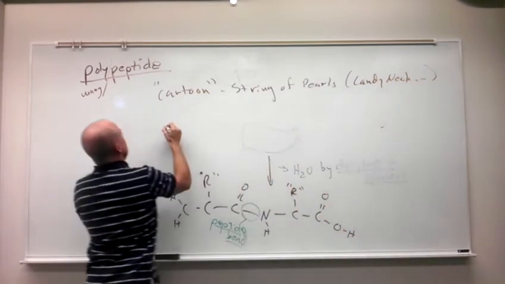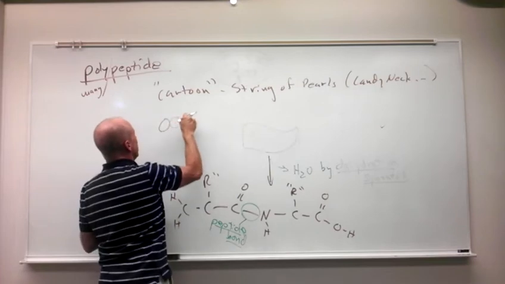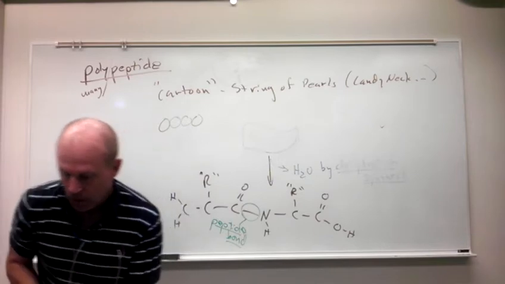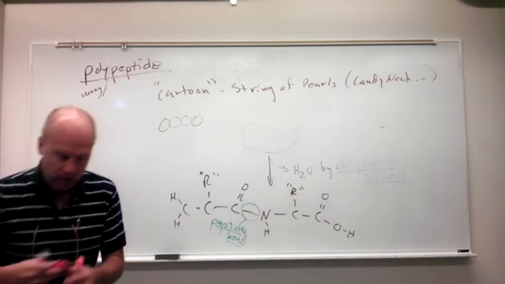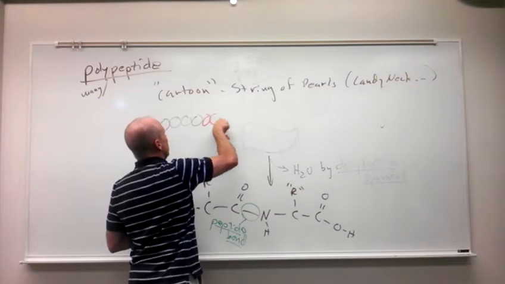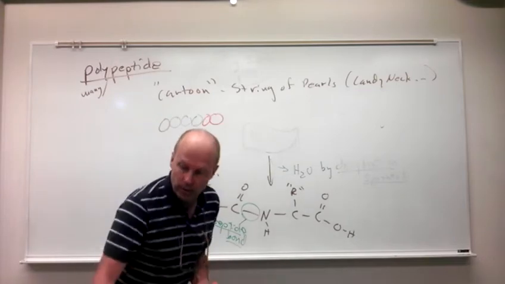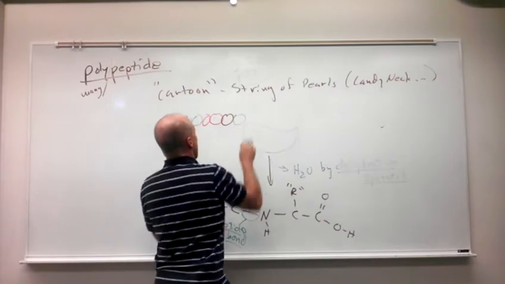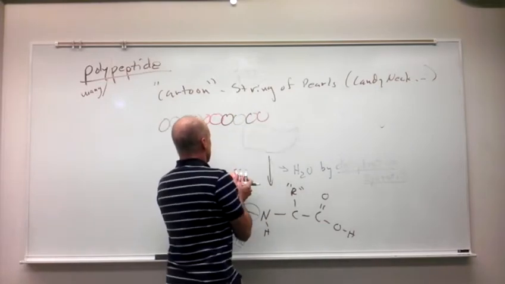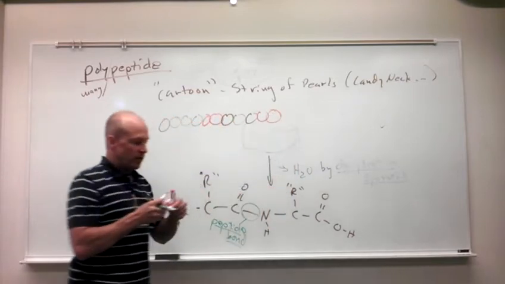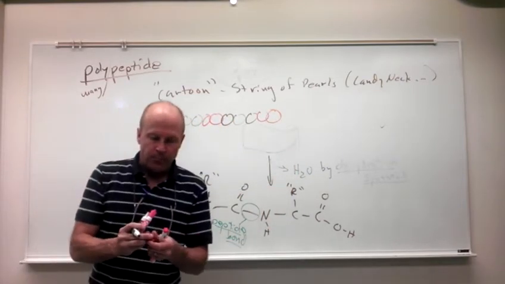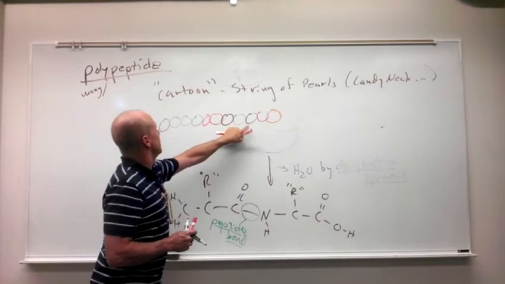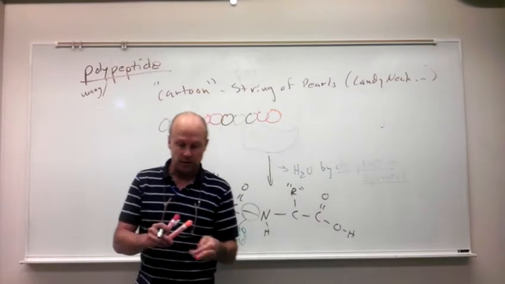And if we start off and pick some colors out here, of course we have a whole bunch of different colors of amino acids to throw in here. Who knows what we would end up with? I'm just showing you that a sequence of different kinds of amino acids is going to make a beautiful polypeptide. You guys don't have to try to figure out those colors, but that shows a cartoon of a polypeptide made of 1, 2, 3, 4, 5, 6, 7, 8, 9, 10, 11 different amino acids.